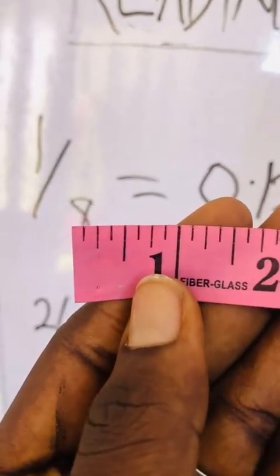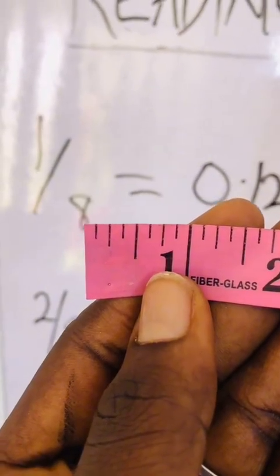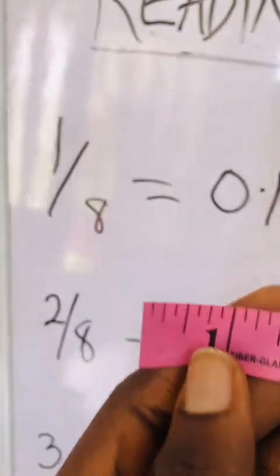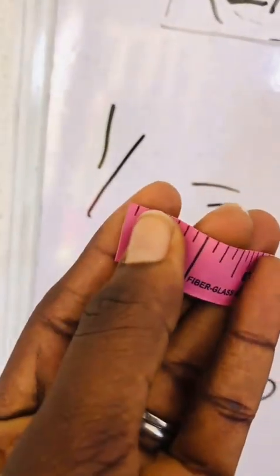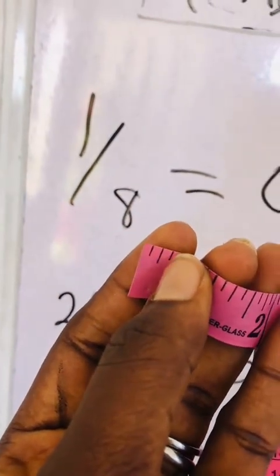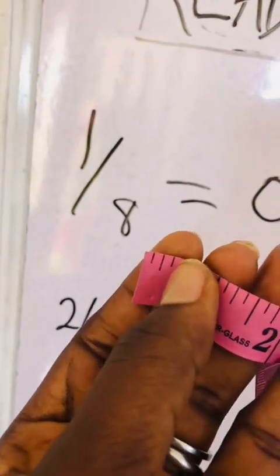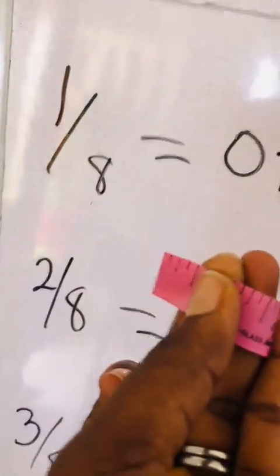Now, this is your tape rule. As I said earlier, you have 8. If you are going to count it now, you are going to start from 1, that tiny line, the smallest one. That's the first line. That is 1/8. Then the next one is 2/8. Then the next one is 3/8, 4/8. As you can see, the 4/8 is longer.